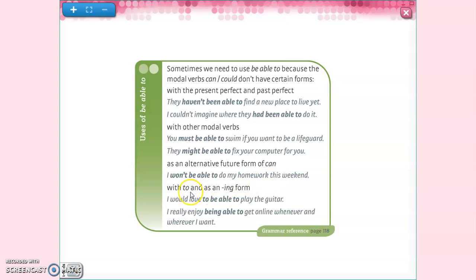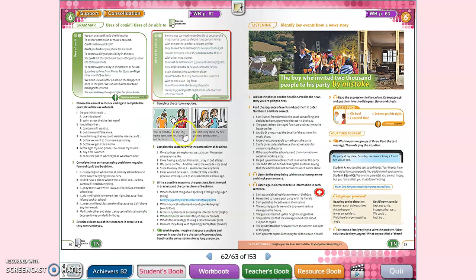Or with to and as an ing form: I would love to be able to play the guitar. I really enjoy being able to get online whenever and wherever I want. Okay, so these are the alternative ways to express can or could. So let's look at the exercise.